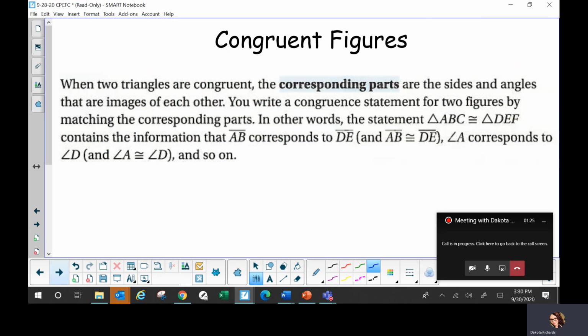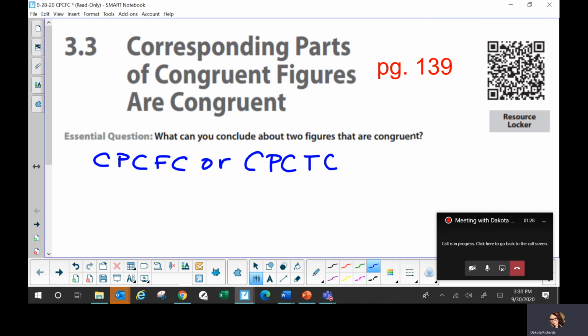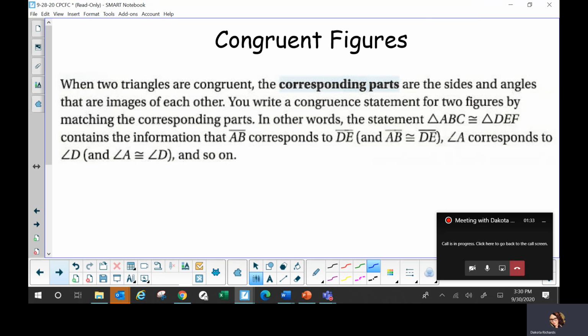So what this means, CPCFC or CPCTC, is if you are given a congruency statement, like this says triangle ABC is congruent to triangle DEF, what that entails is each side, each angle, everything is congruent. And you can come up with 6 statements about those corresponding parts. Okay? And we will do that in a moment.